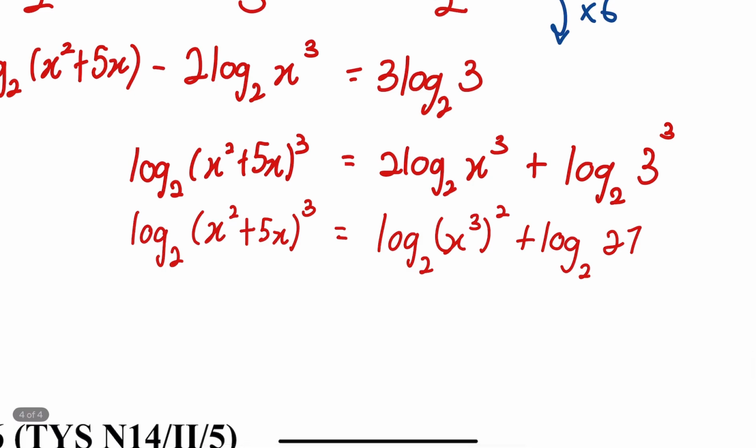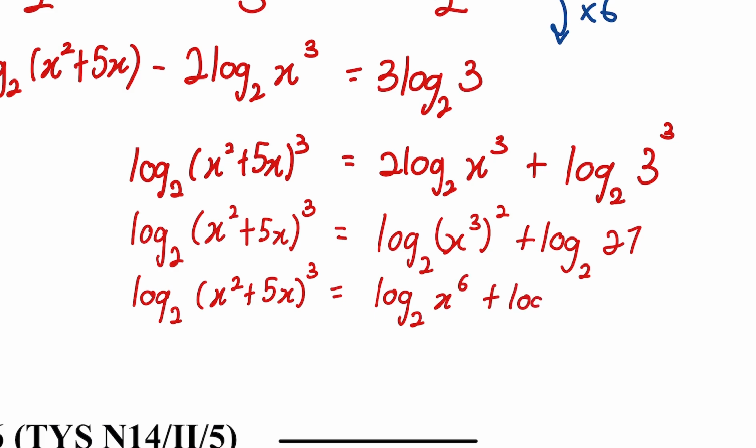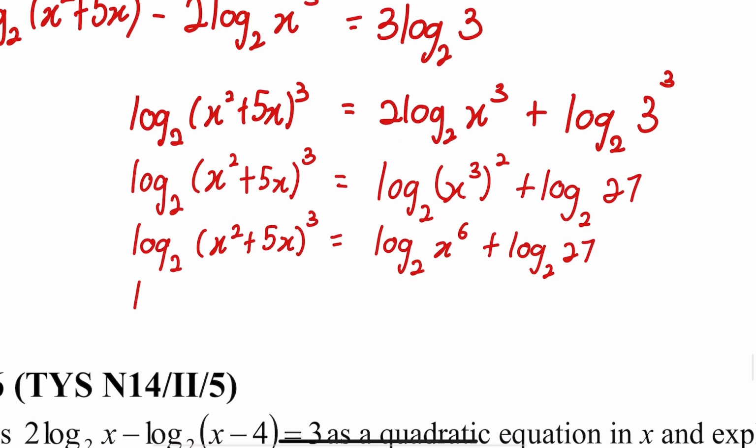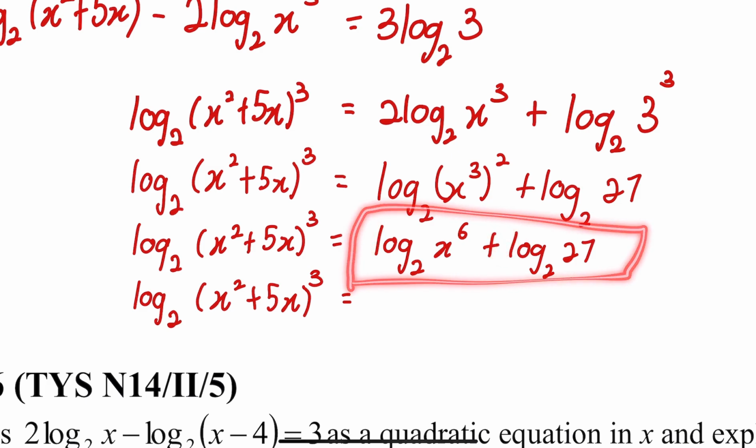okay. So very simply, this means that on the right side, log base 2 x squared plus 5x is equal to log base 2 x power 6 plus log base 2 27. Further simplify, this means that log base 2 x squared plus 5x, the whole thing power 3 is equal to, by product law, since the coefficient is 1 now, I can combine these two log functions with the same base 2.